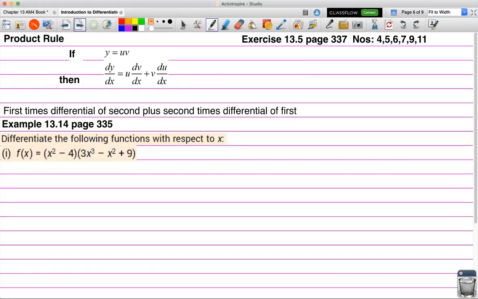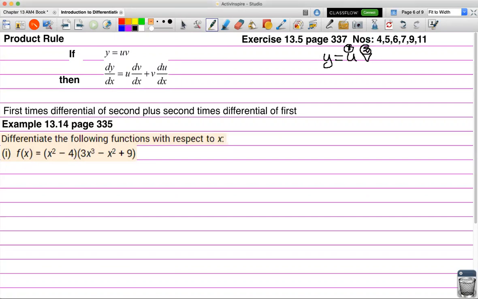Now, we're moving on to something called the product rule. And the product rule is very, very simple if you learn it in words. So over here, I'm writing uv, and that's the product of two functions. And we call this one the first function, and we call this one the second function.